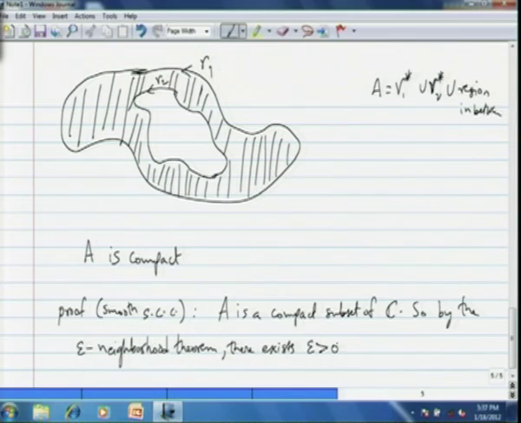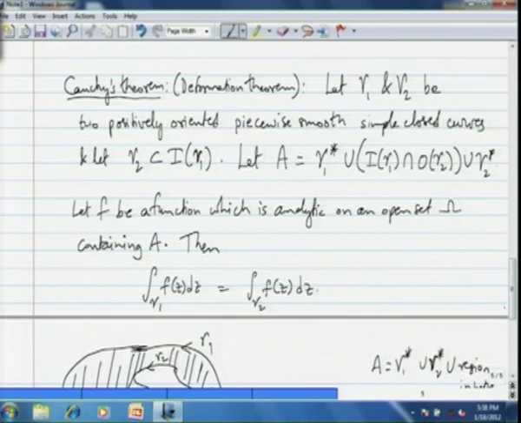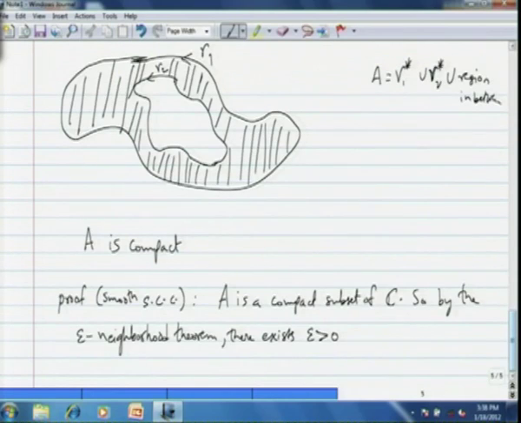Recall the epsilon neighborhood theorem: it tells that if a compact set is contained in an open set, then there is an epsilon neighborhood of this compact set which is contained in the open set. So, here we have a situation where A is contained in the domain of analyticity of the function f, which is an open set omega, and then we can use the epsilon neighborhood theorem. So, A is a compact subset of C.